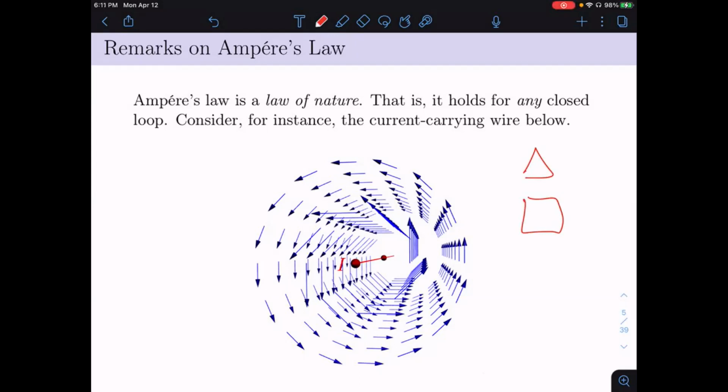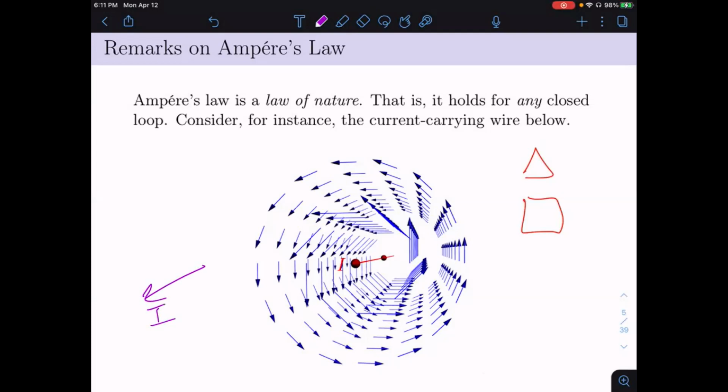So it's useful in specific situations, but that's not to say that it doesn't apply to multiple current loops, things like that. This is just a visual of what the B field made by a current carrying wire would look like. I know it's kind of hard to see, but this wire is coming out of the page at us. We know from the right-hand rule that I can take my thumb, point it in the direction of the current, and my hand will curl around the wire in the direction of the B field.